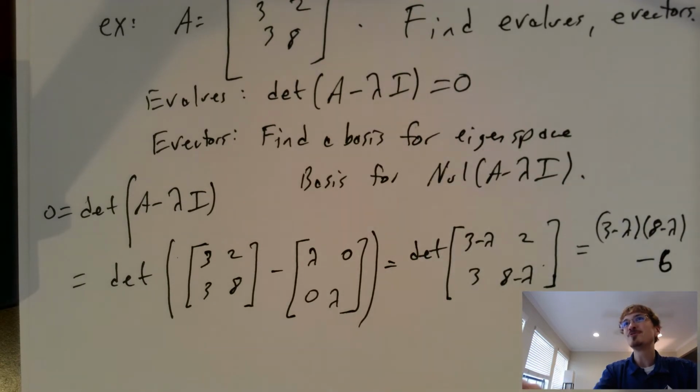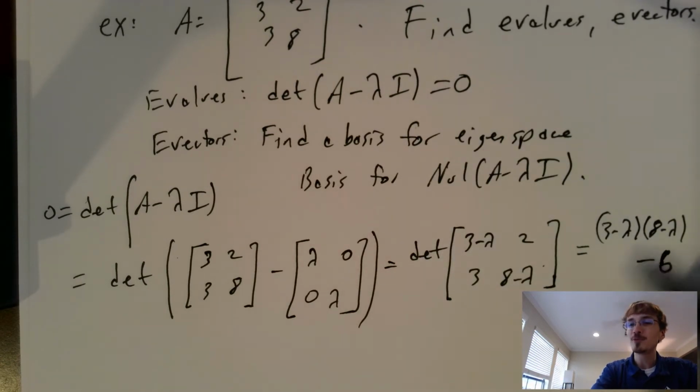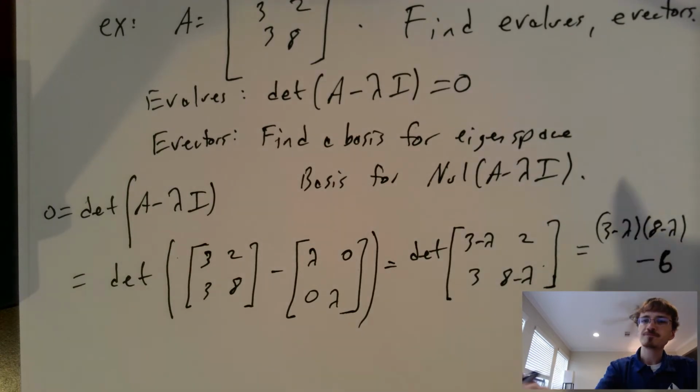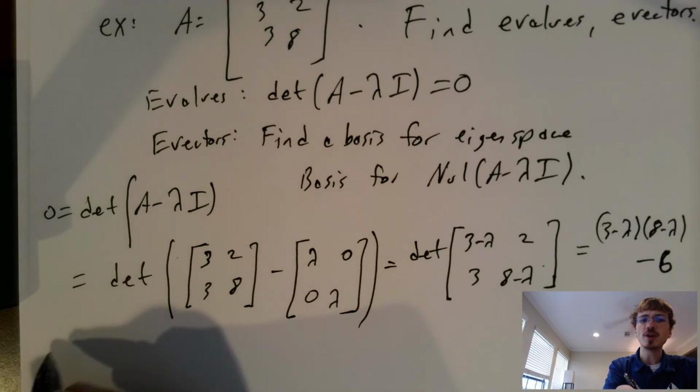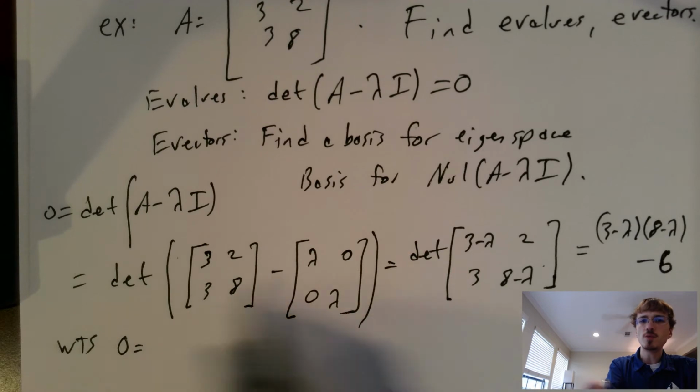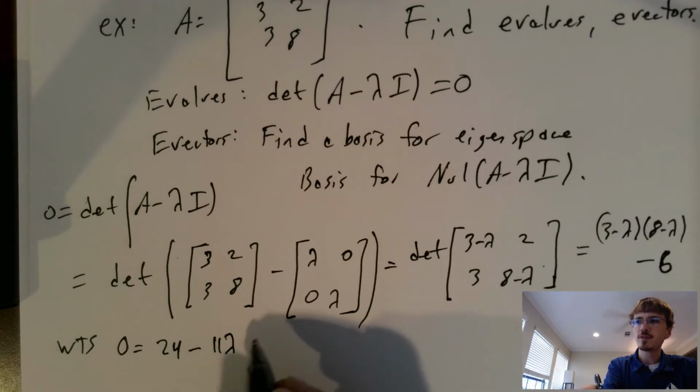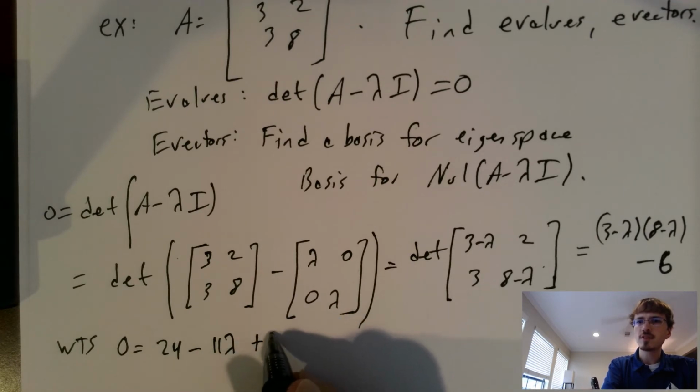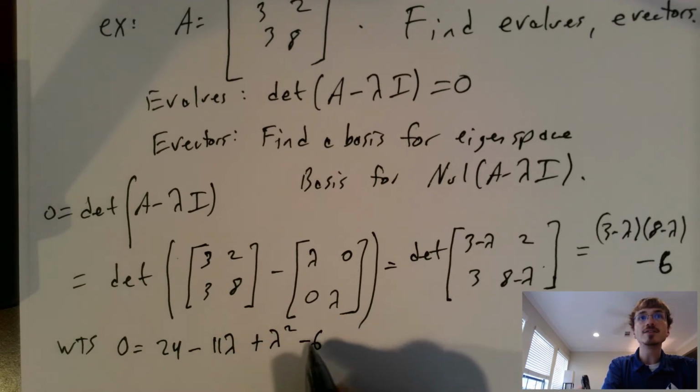And what are we solving for? We're solving for lambda. And remember, this is called a characteristic polynomial. And let's expand this. How do we solve this? So we want to solve 0 equals 24 minus 11 lambda plus lambda squared minus 6.